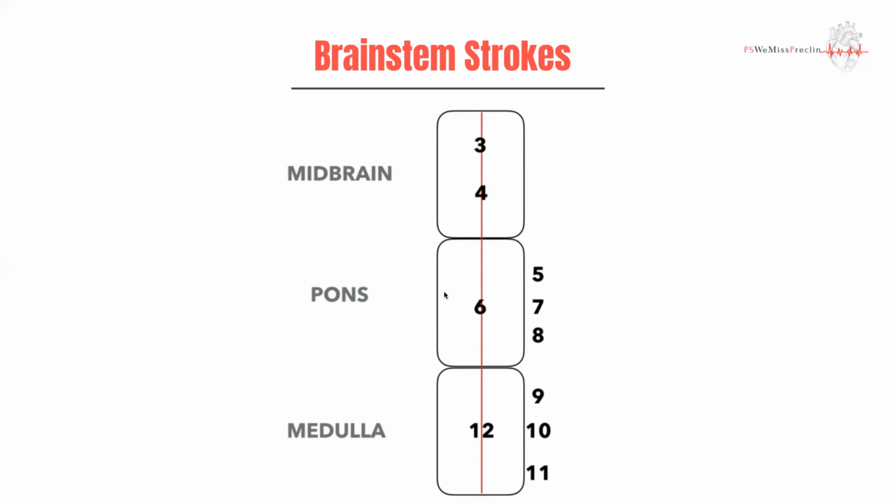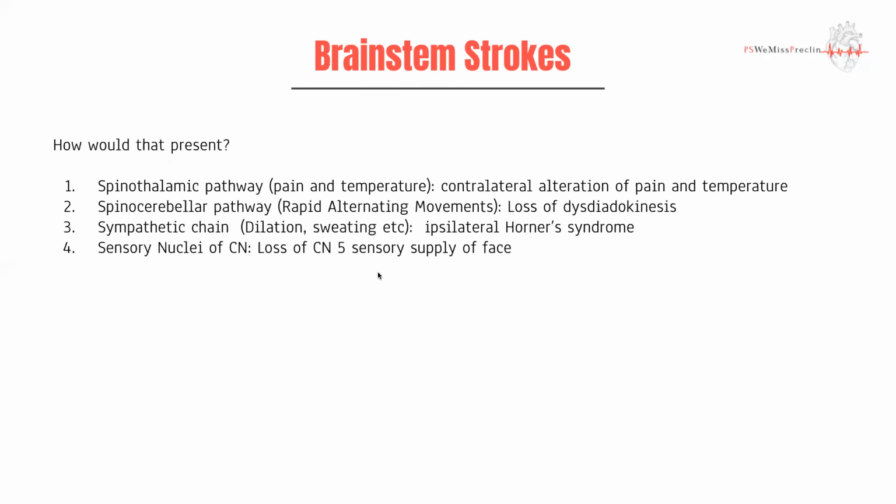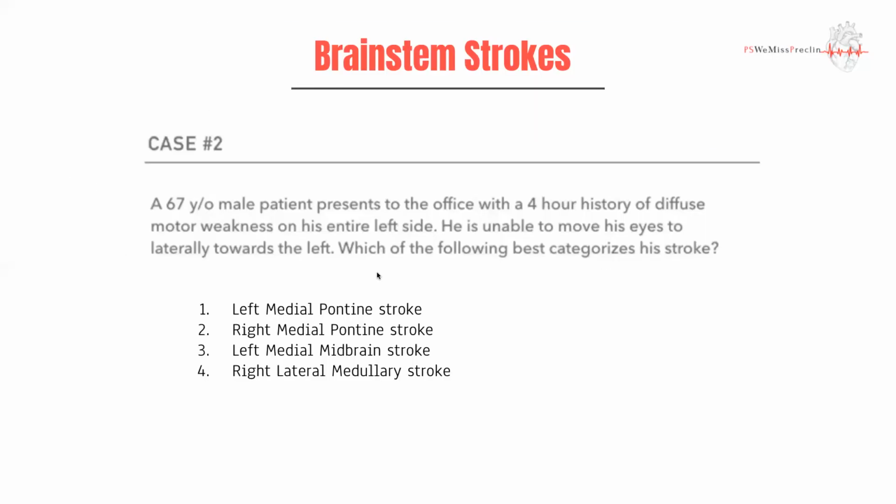So 6 is going to be in the pons. So it would make sense that this man has had a right medial pontine stroke. And there you go, you've done it. So it seems quite complex, but once you remember the rule of fours, it's really, really easy.